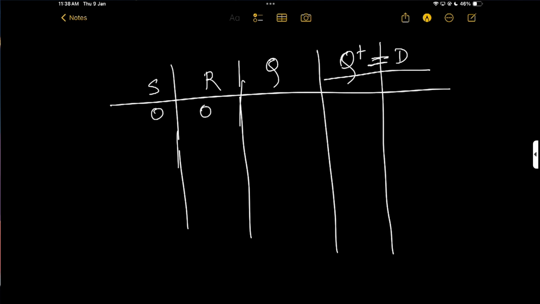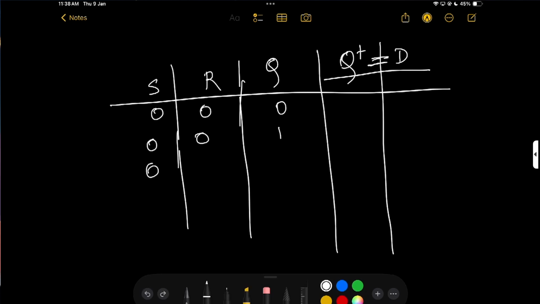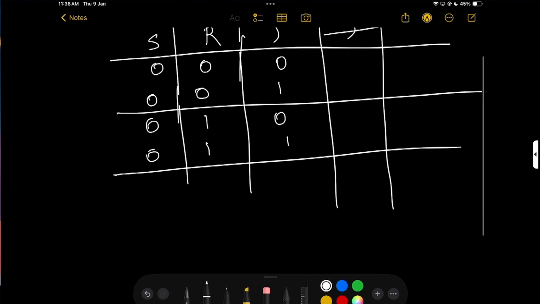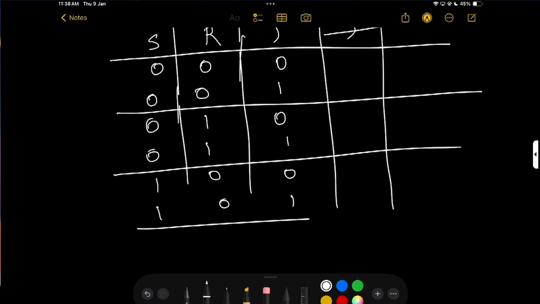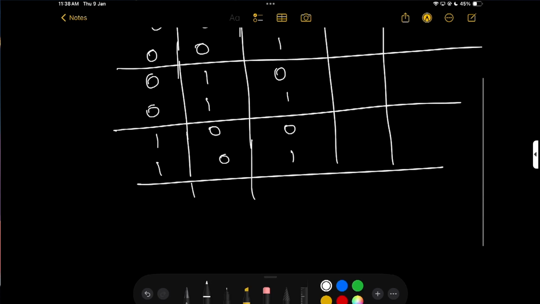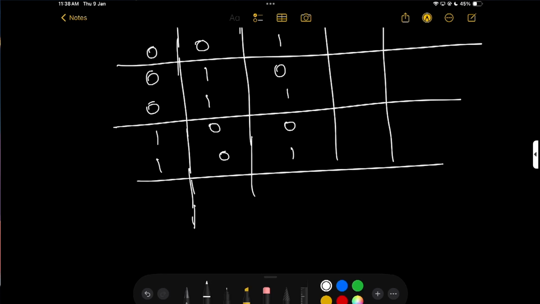So here is 0 0 0 0, 0 1 0 0, sorry, 0 1 0, 0 1 1, 1 0 0 1 0 1, 1 1 1 1 0 1.